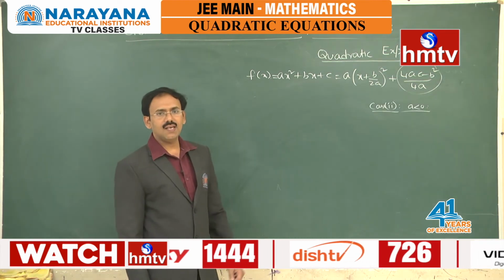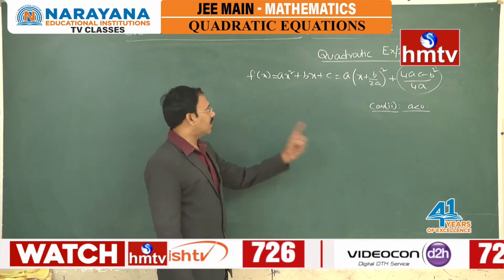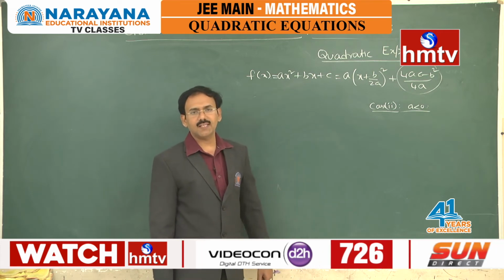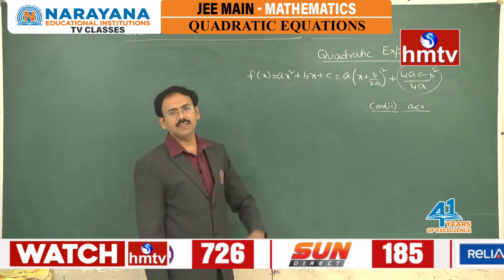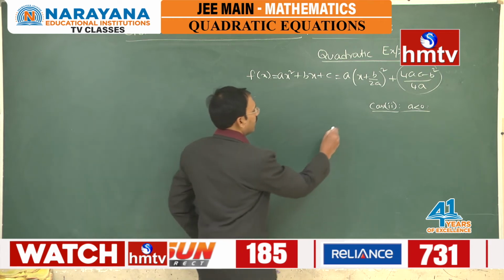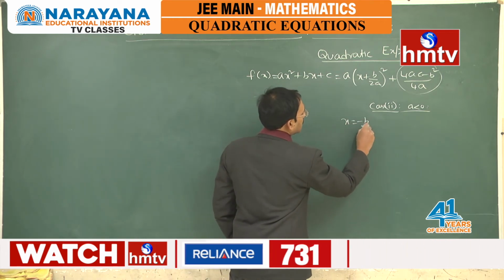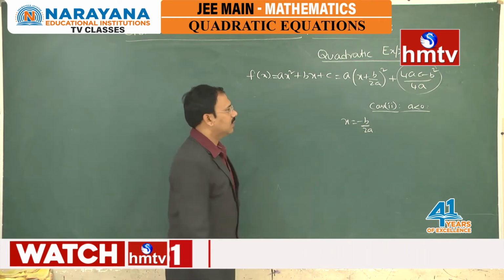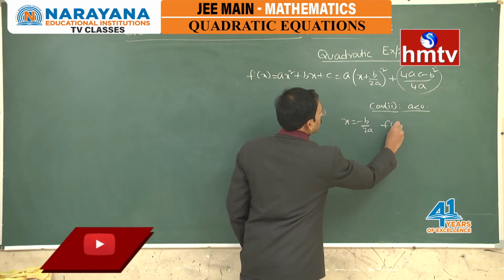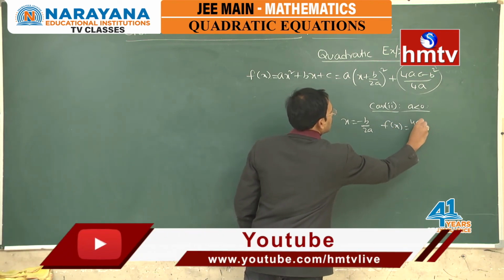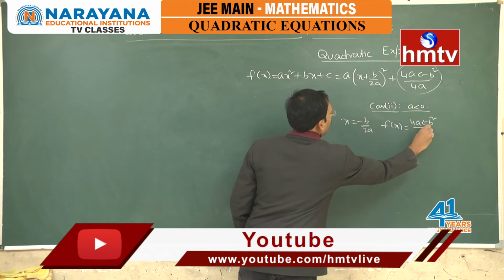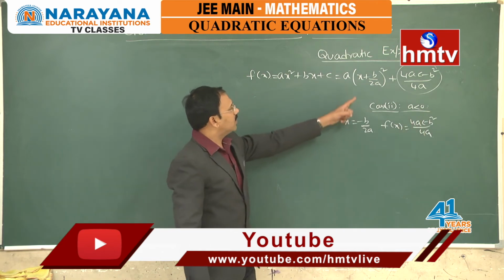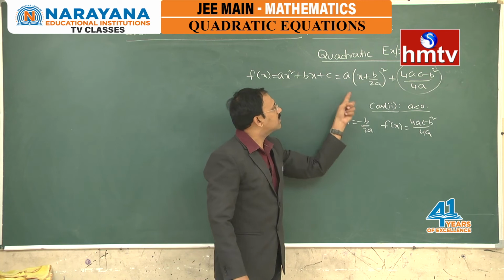Now, let us see the second case, the graph of ax square plus bx plus c when a is less than 0. You see, when x is equal to minus b by 2a, f of x is going to be 4ac minus b square by 4a, because when you put minus b by 2a, this expression becomes 0.